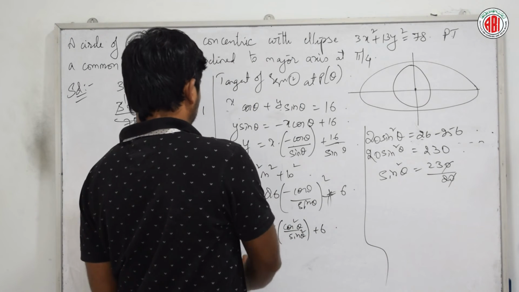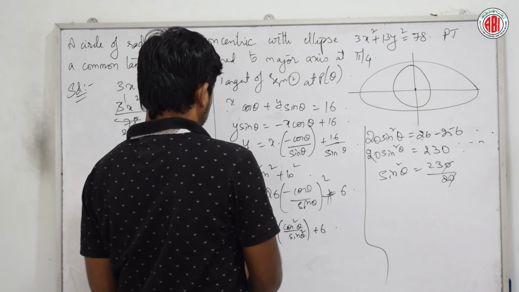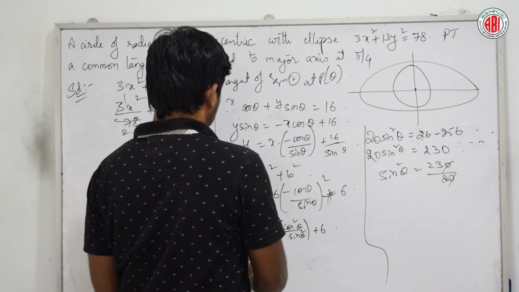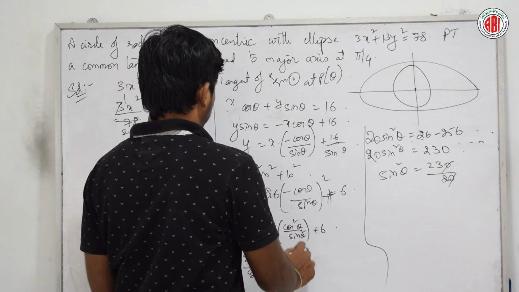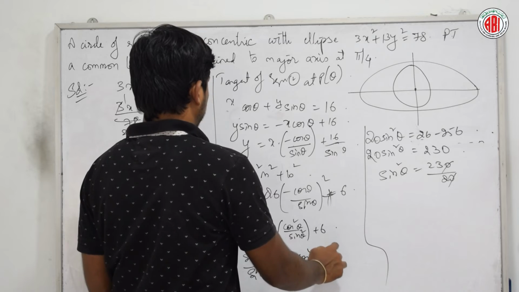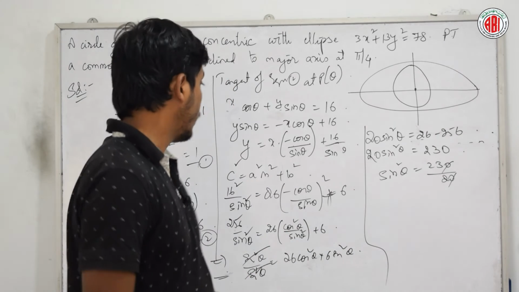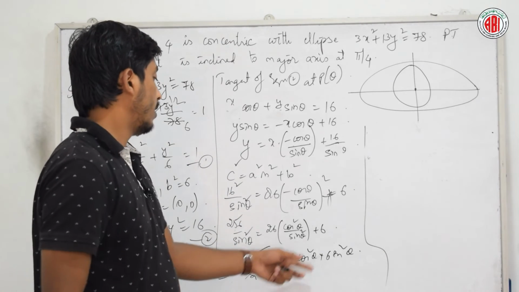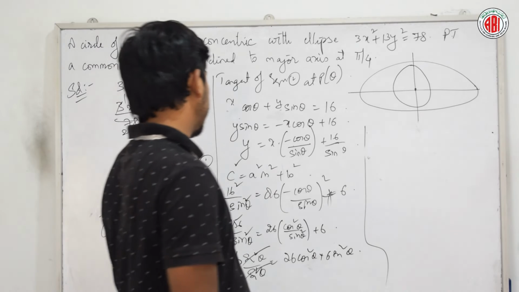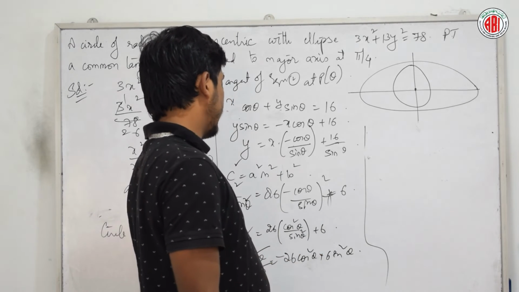So here it is like, LCM is sin square. So it is sin square by sin square is equal to 26 cos square plus 6 sin square. So now here it is 16, right? Now 26, sorry, it is minus 26 cos square theta plus 6 sin square theta.